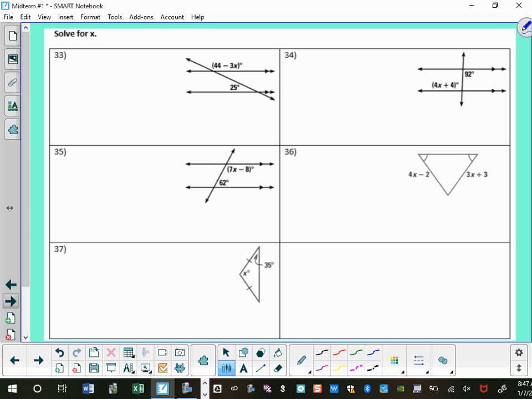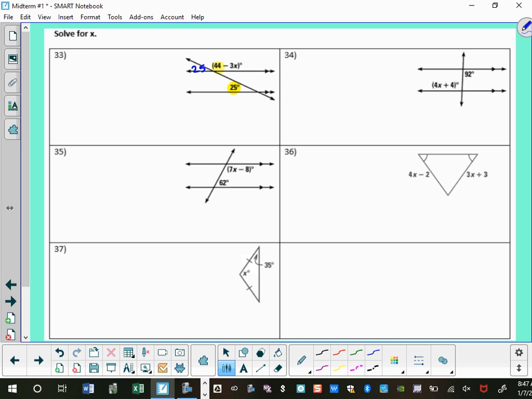All right, number 33. What is the relationship between this angle and that angle? One's on the inside, one's on the outside. This is a little tricky because you have to see that 25 is corresponding. They can go up there as well.